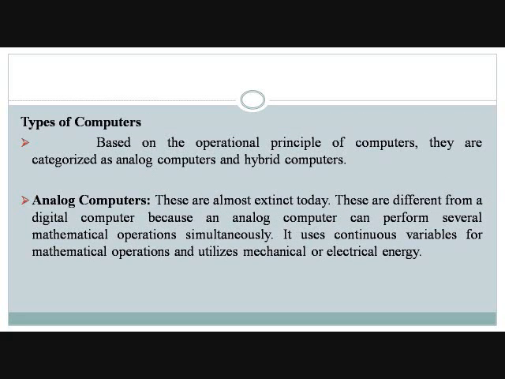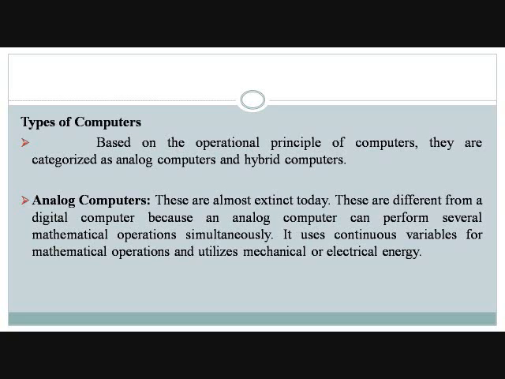Types of computer. Based on the operational principle of computers, they are categorized as digital computers, analog computers, and hybrid computers. Analog computers. These are almost extinct today. These are different from a digital computer because an analog computer can perform several mathematical operations simultaneously.